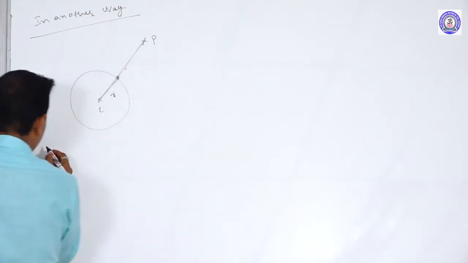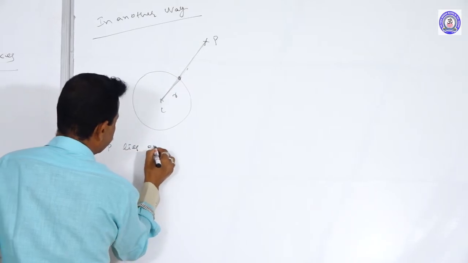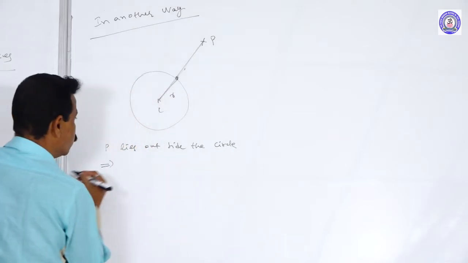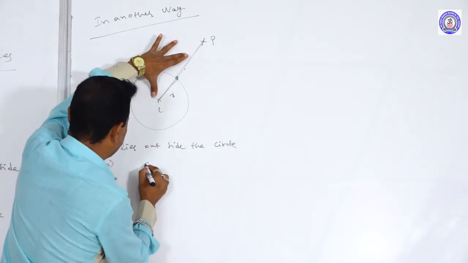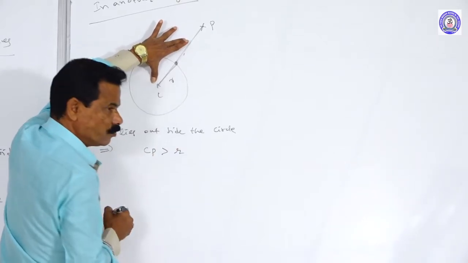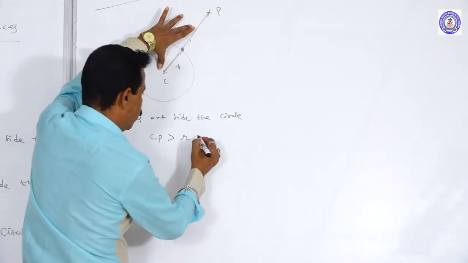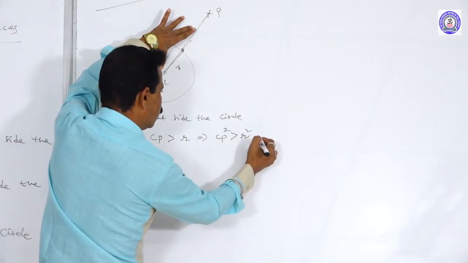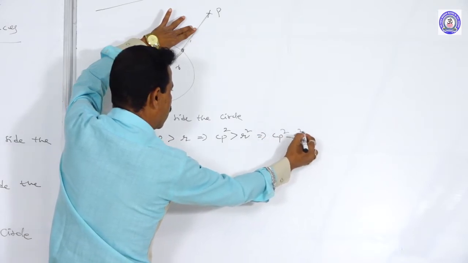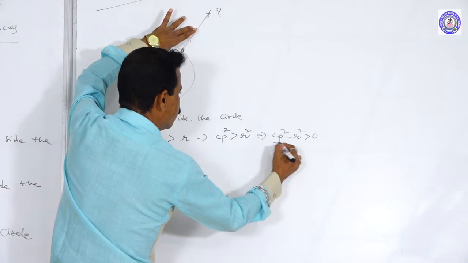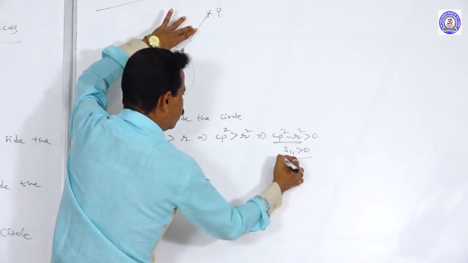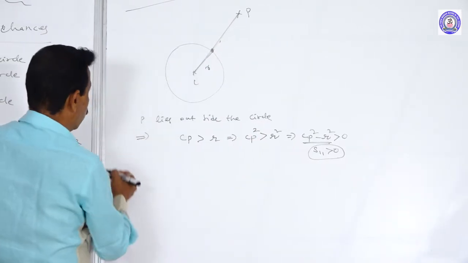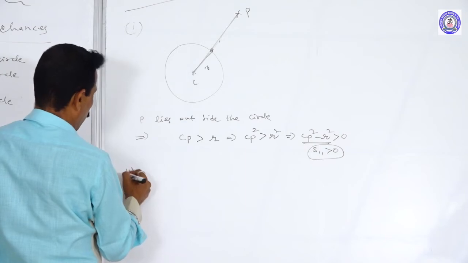If P lies outside the circle, then the distance CP > R. It implies CP² > R², so CP² − R² > 0. This is S11, which is greater than 0. CP² − R² is the value of S11. This is one.